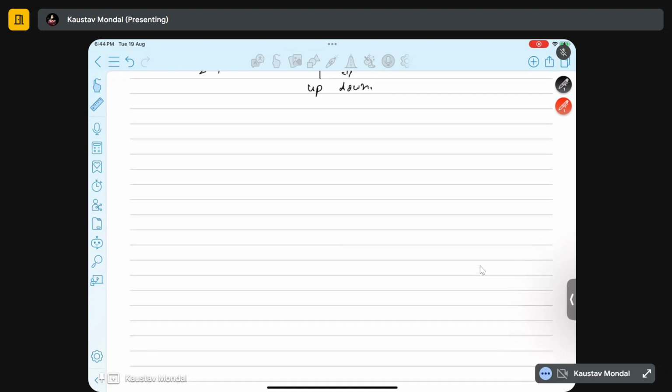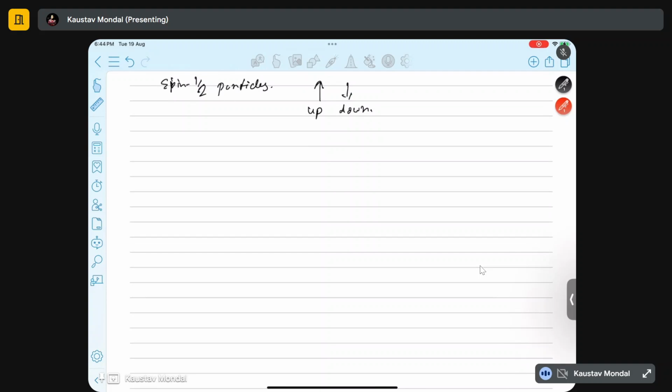Now let's suppose a system in which the orientation is not in an ordered state. As you can see here, the spins are not in an ordered state. So that means the entropy is high.